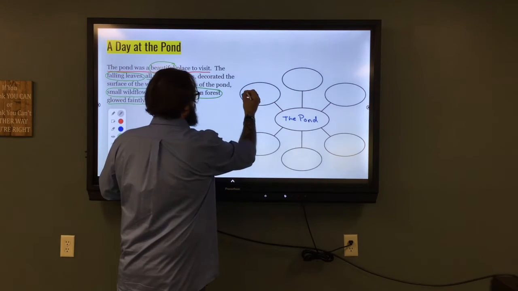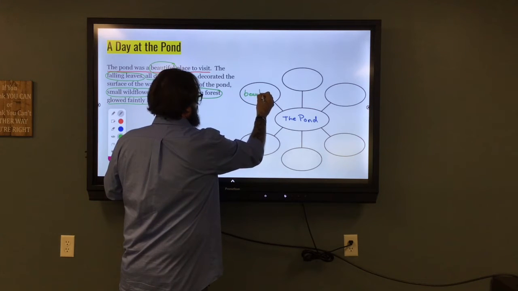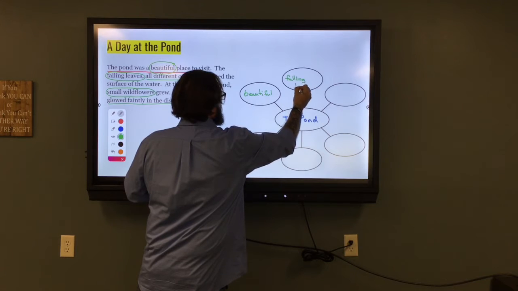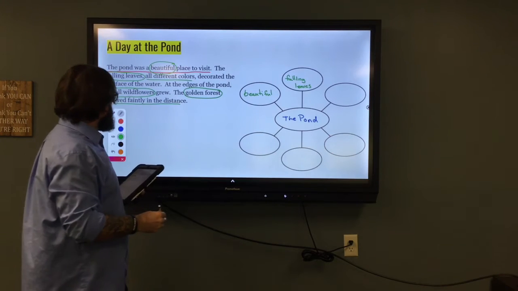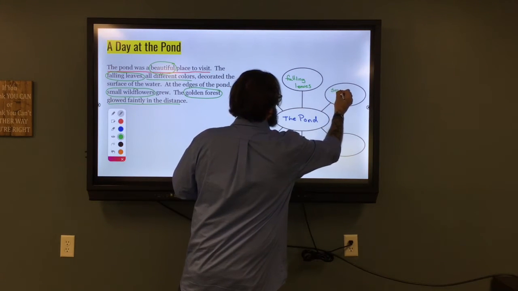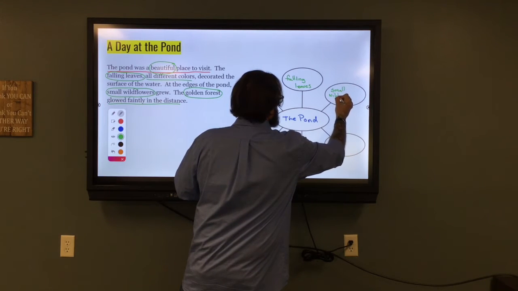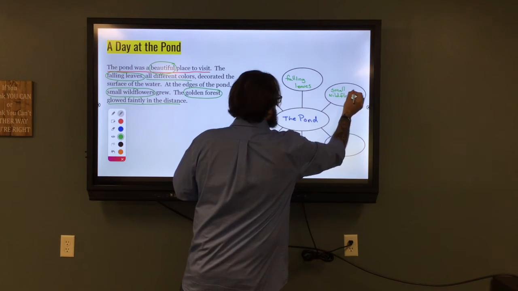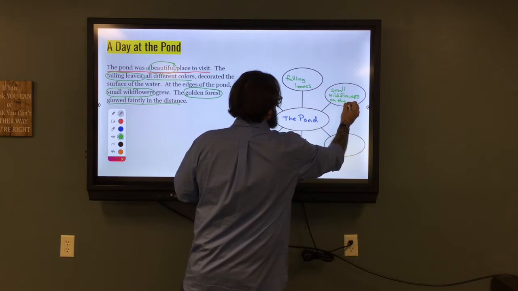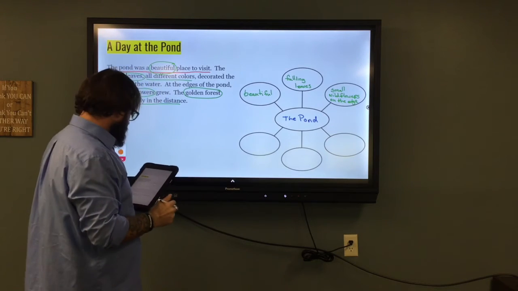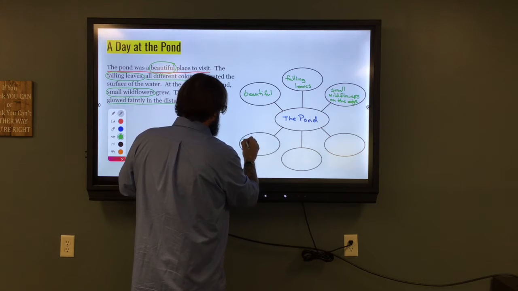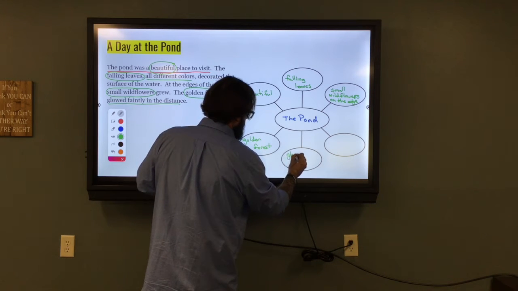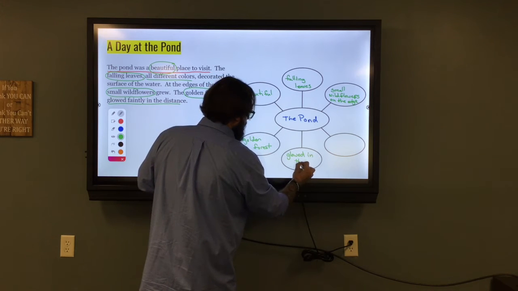So the details provided are that the pond is beautiful, falling leaves, the small wildflowers on the edge, the golden forest, and specifically that it glowed in the distance.